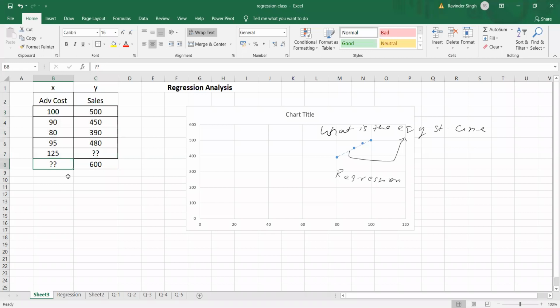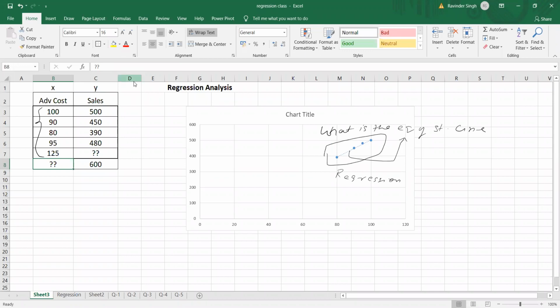I repeat once again. Up to this set of data, we can draw a scatter diagram and check the r value, whether x and y have some kind of correlation, and whether it is positive or negative.